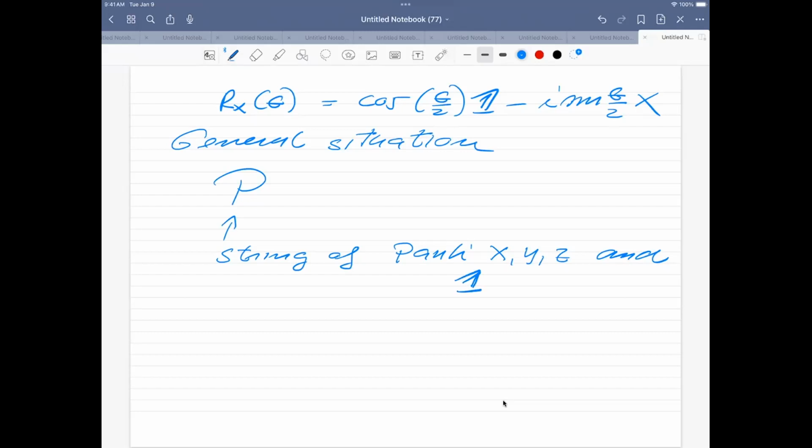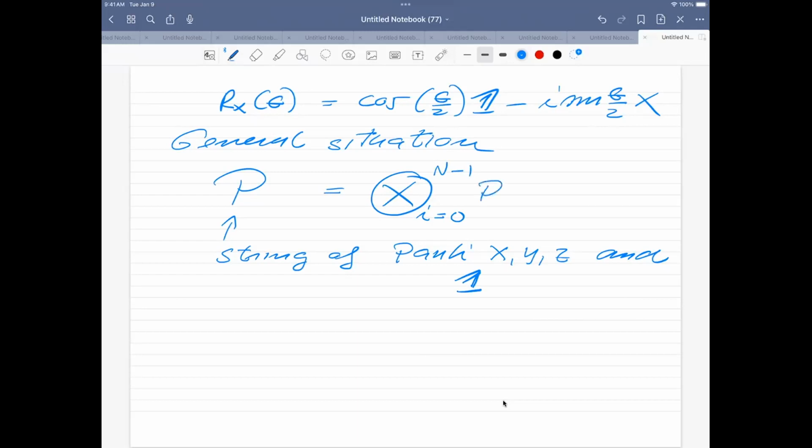This string is now the tensor product of different matrices. You will often see this notation here, i equals 0 up to n minus 1, where the uppercase letter n is the number of qubits we have.